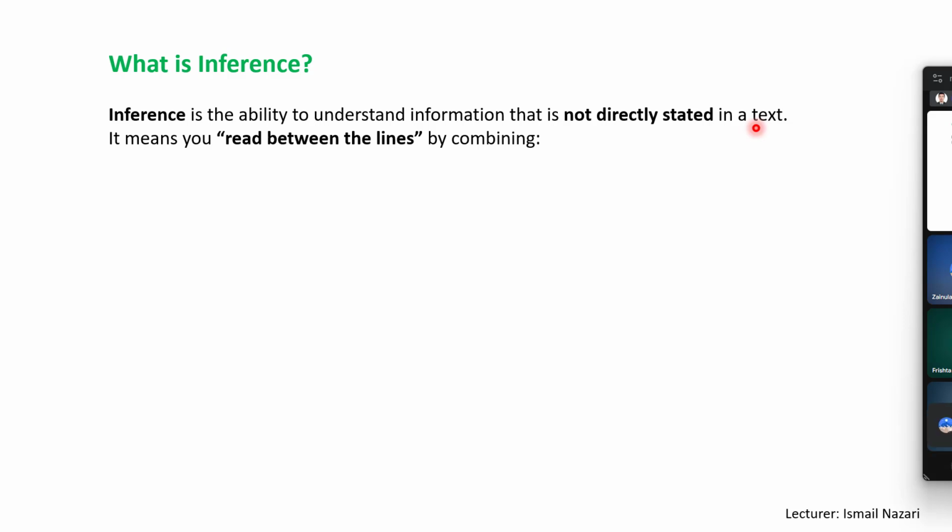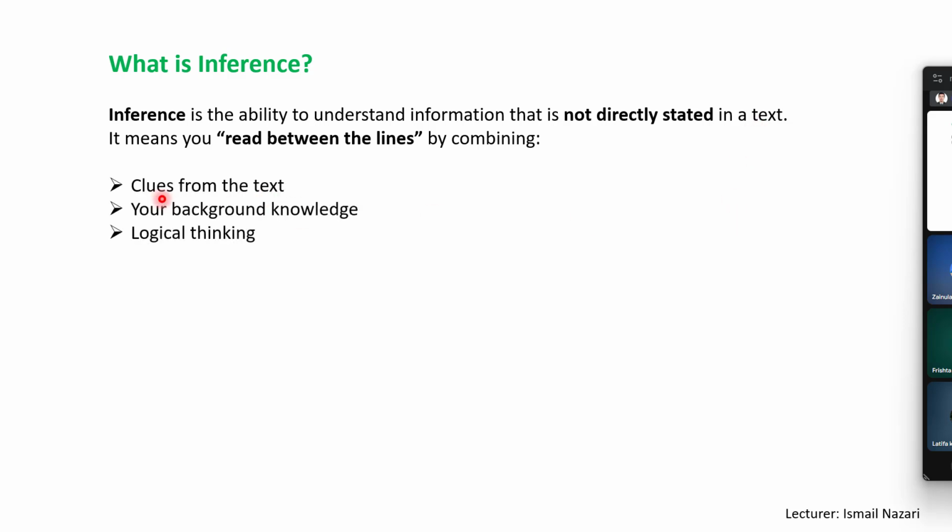It means we need to read between the lines by combining these very important features. These features could be clues from the text. We will use them in order to make that indirect meaning, or to grab the idea.